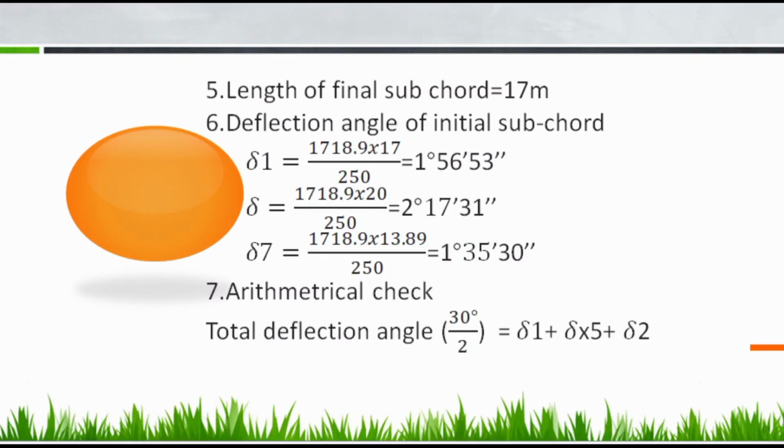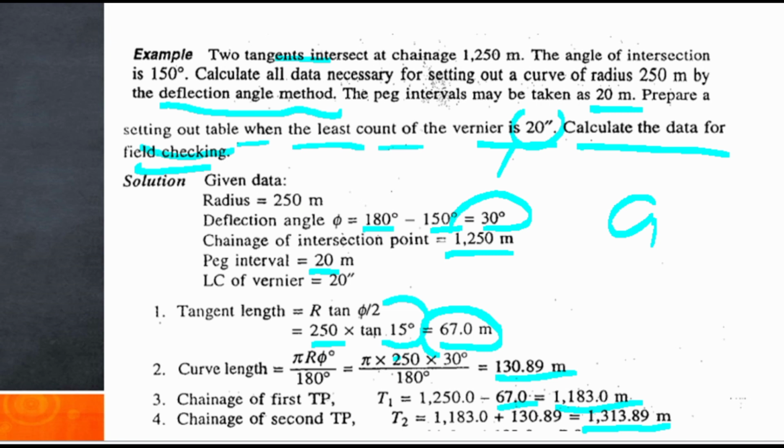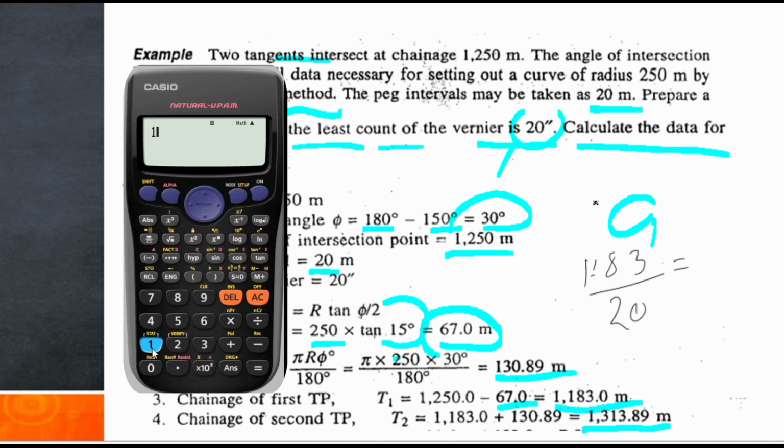By doing that, we go ahead to the next part of calculating our answer. So the first subchord is 17 meters, and that 17 meters is done just like this. You go ahead, so this T1 is 1183. You divide it by the peg interval, that is 20 meters. By dividing that with the peg interval, make sure you use your calculator properly in order to get accurate results.